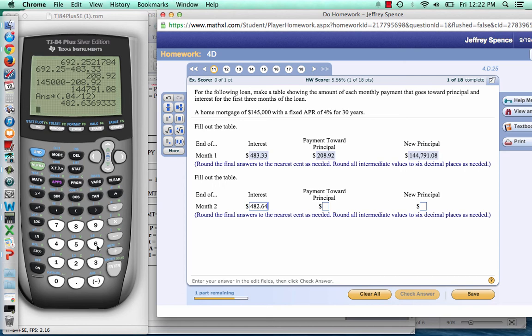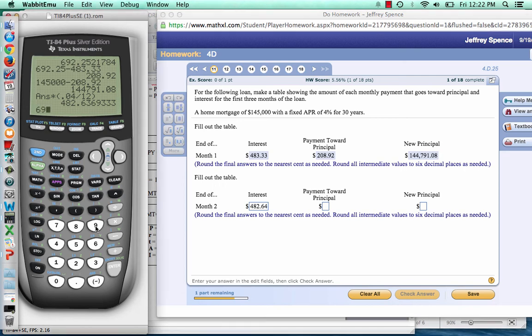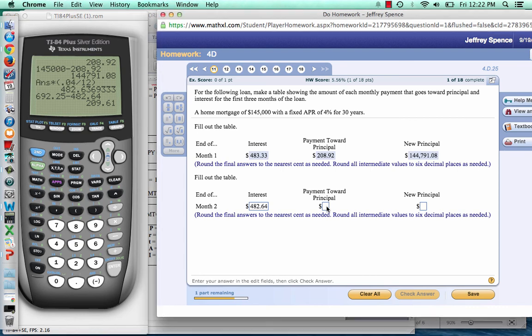So $692.25 minus the portion that went towards interest, which this time is a little less, $482.64, and we have $209.61. So a little bit more is going towards the principal. Now the new principal is the current balance minus the amount that we just paid off.